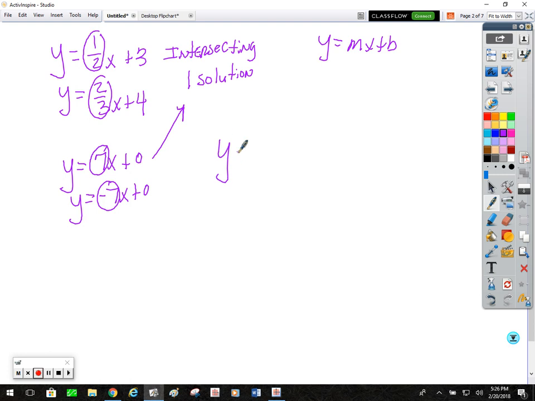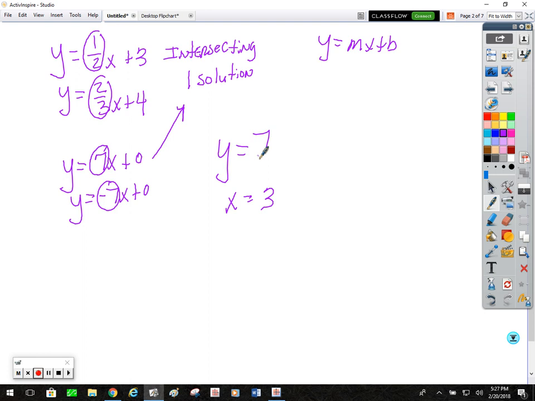What about this one? What if I had something like x equals 3? Well, if you'll think about this, if you remember, this one is a vertical line and the other is a horizontal line, so they're going to cross somewhere.